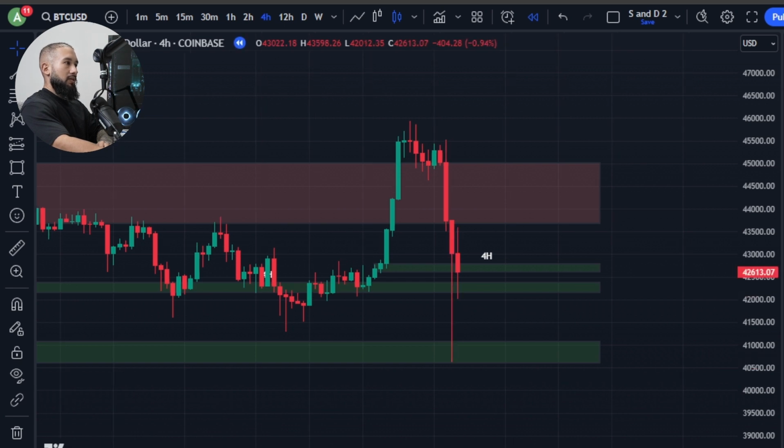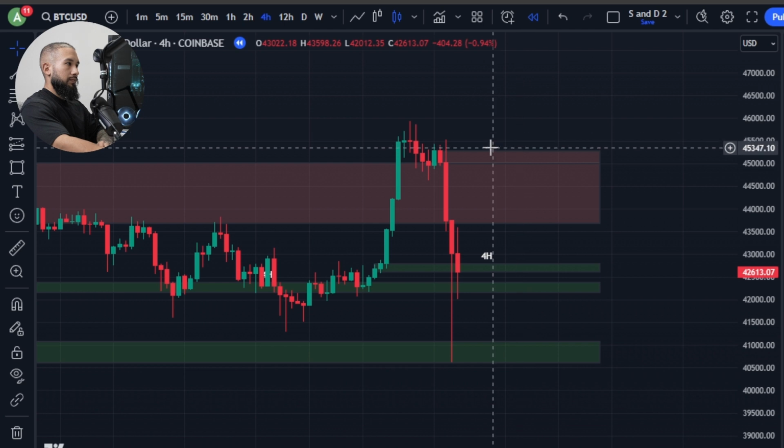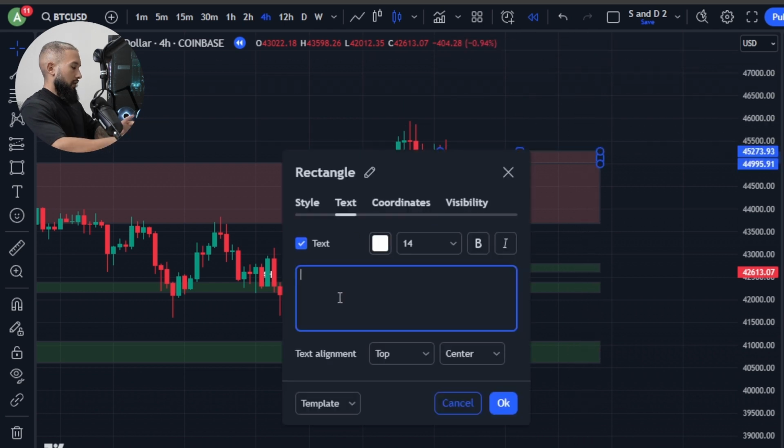Now we have an imbalanced candle here. You see that it does break an upward momentum trend line. We also see that it is more than twice the size of its base. So I'm gonna draw this out. And we're still on the 4-hour time frame.